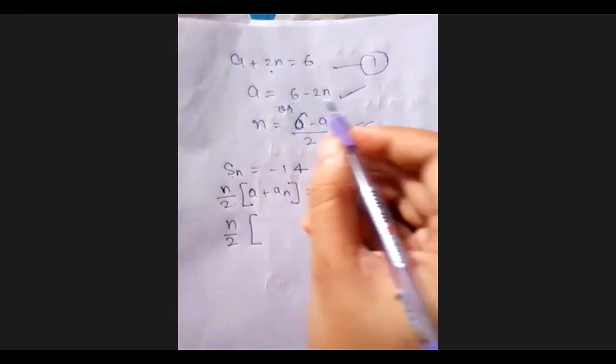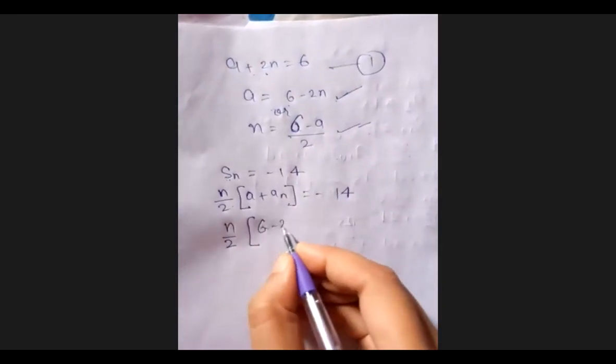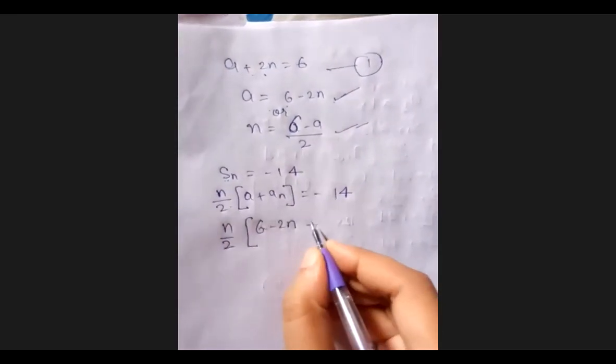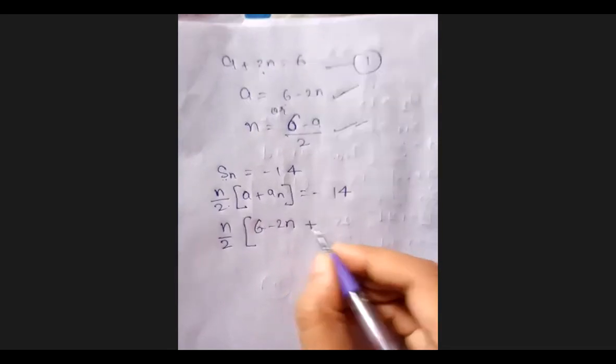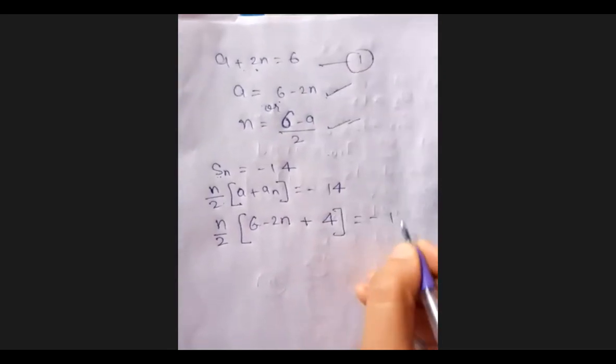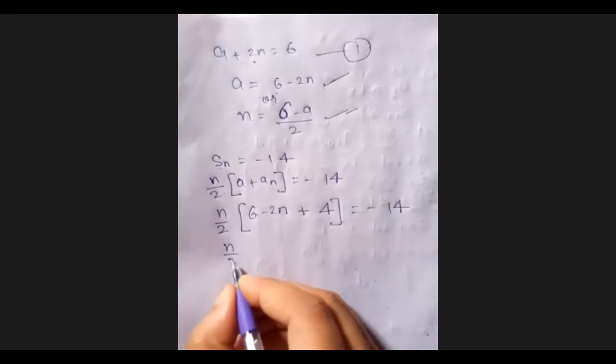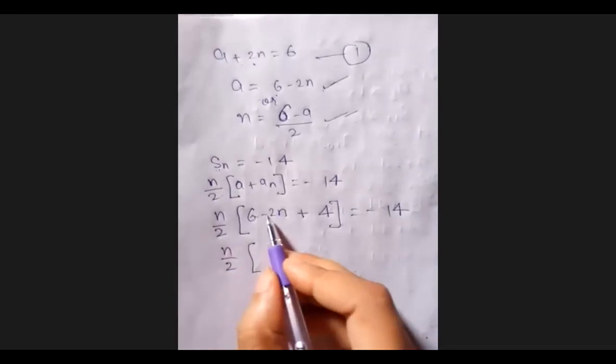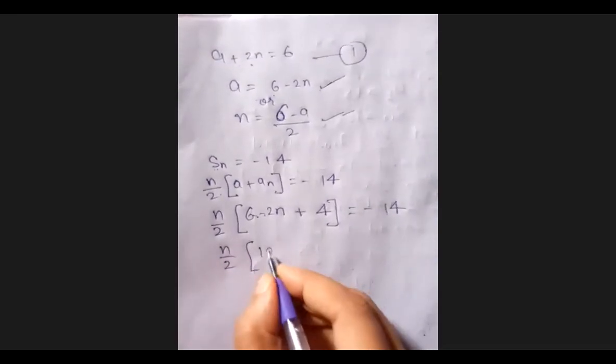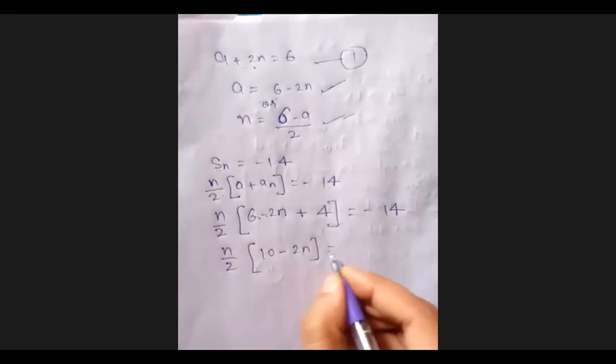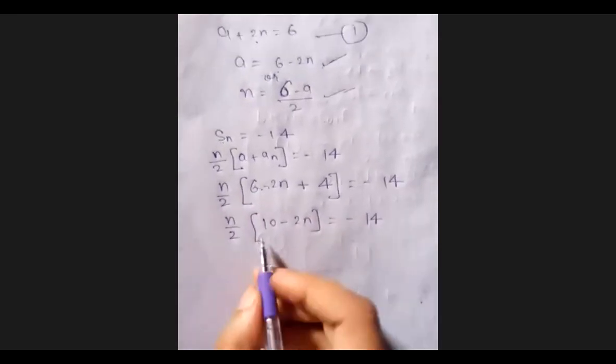I am putting the value of this A, 6 minus 2n. Okay. Plus, what is your AN? AN is given 4 equals to minus 14. So n upon 2, 6 plus 4, which is 10 minus 2n equals to minus 14.